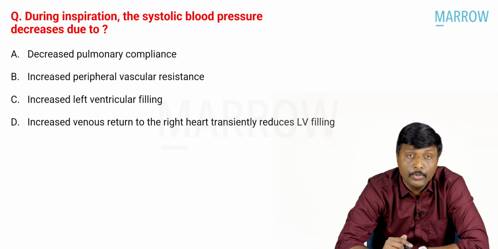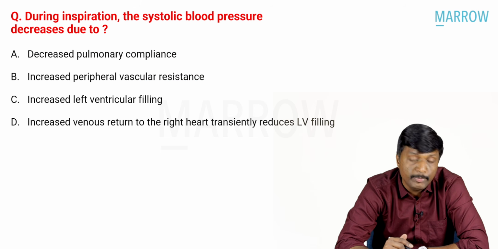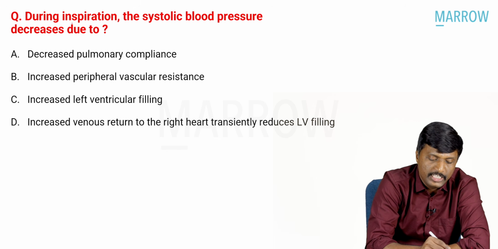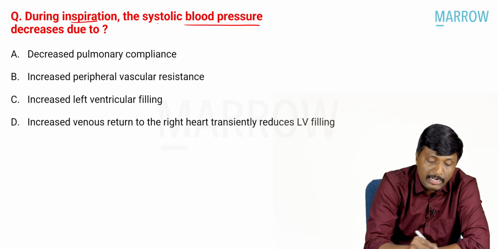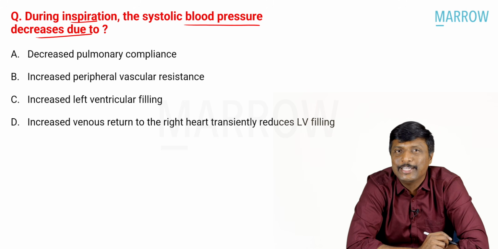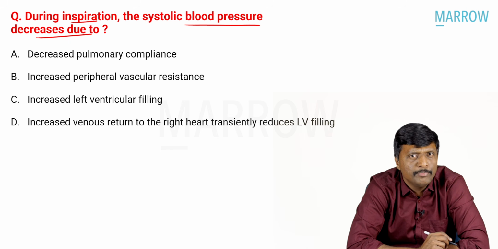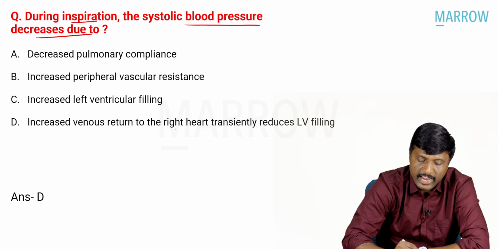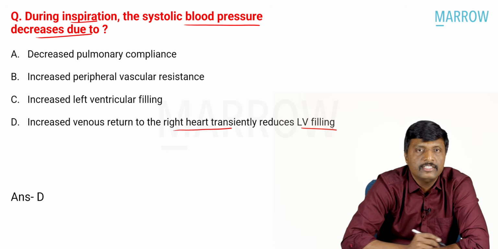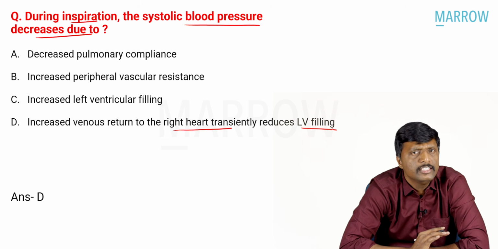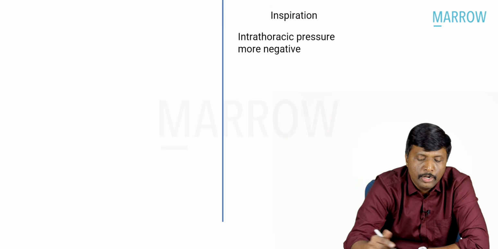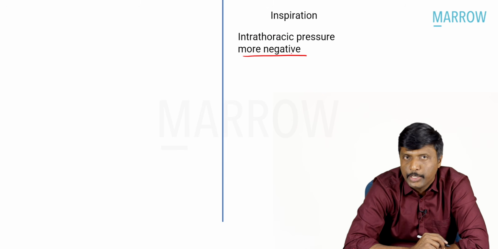Right guys, now let's look into this next question. During inspiration, the systolic blood pressure decreases due to. Very simple. It is about the increased venous return to the right heart. It transiently reduces left ventricular filling. Simple logic. What happens during inspiration, sir? Remember, the intrathoracic pressure becomes more negative.